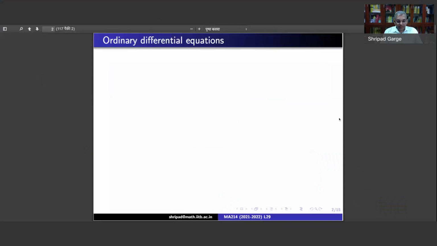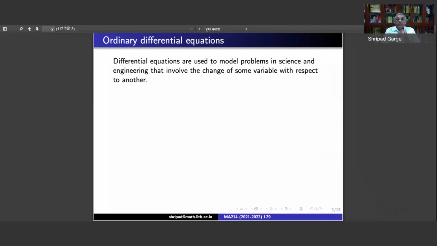For an engineering student, there is really no need to give any motivation for studying ODEs, or ordinary differential equations. These model problems in science and engineering that involve the change of some variable with respect to another variable. Just to give you an idea, whenever mechanics is involved, there are differential equations involved in that study.